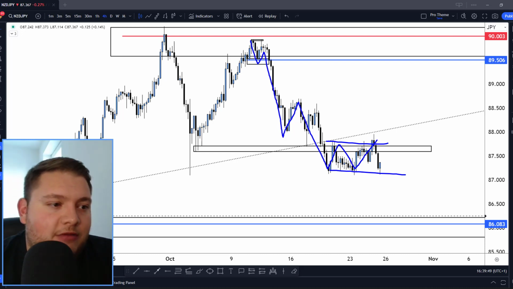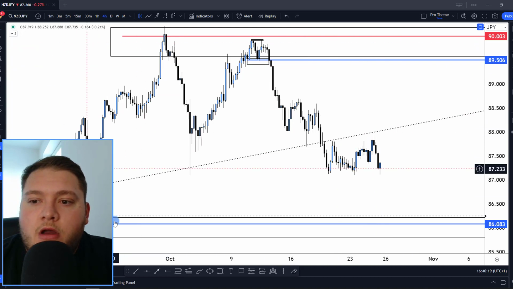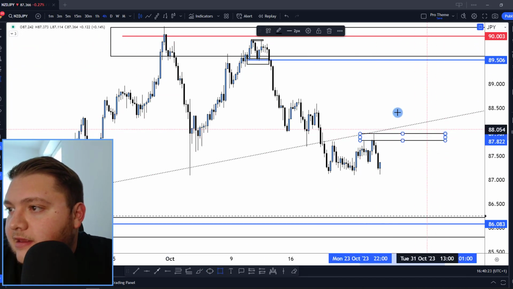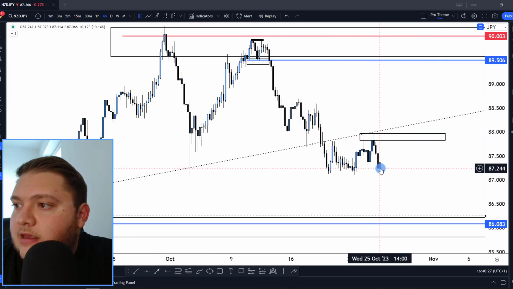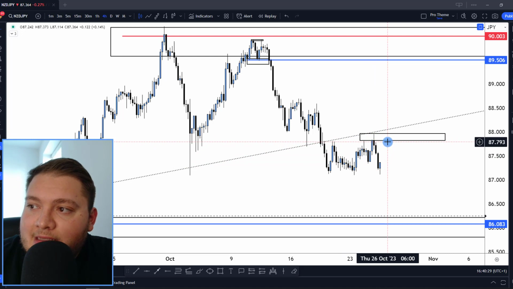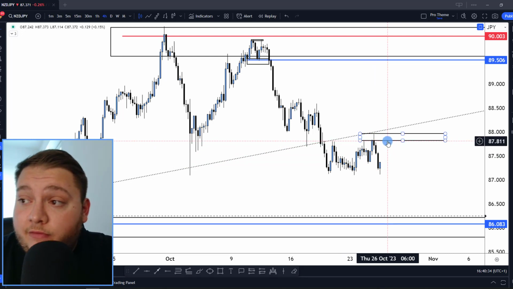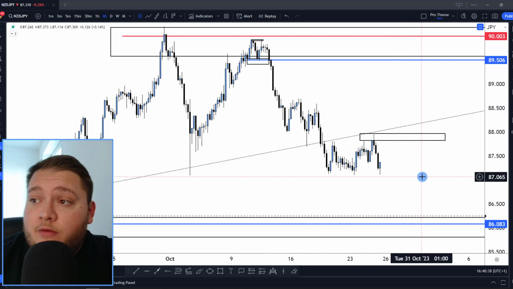But I can see here right now, if I was just to look at this area in here, I'd say to myself, well, I'm going to identify this wick high there because I know that sellers have got involved in here, okay? So to me, if price makes it back to that point, that is more like a high probability area for me that we could expect a potential continuation of this downward move.